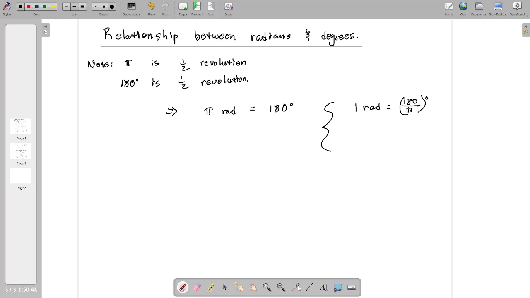Okay, what if I wanted to know how many radians a single degree was? Remember, a degree is defined as 1/360th of a revolution around the circle. So I could divide by 180 and I would have 1 degree is equal to pi divided by 180 radians.